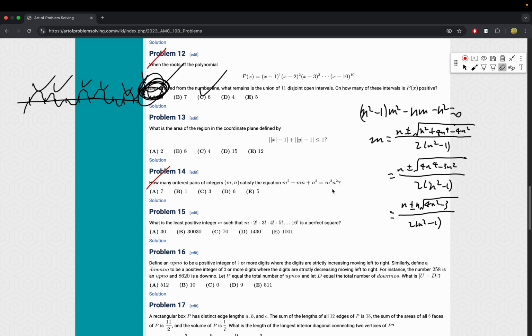It is not like symmetric, but switching m and n doesn't really change the equation. That's what I wanted to say. So maybe if we find the value of m treating n as a constant, then we can find all the pairs of m comma n. And that is what I did right now.